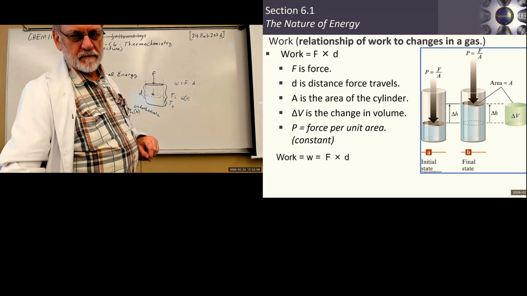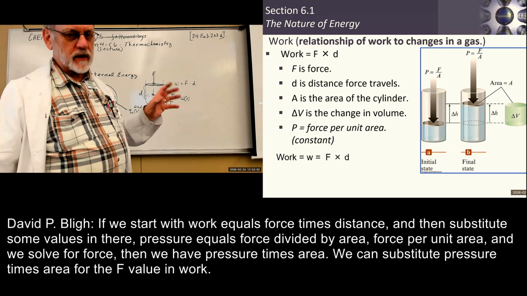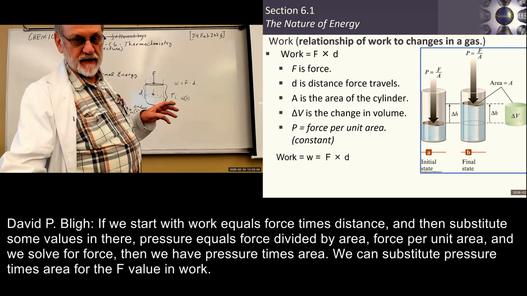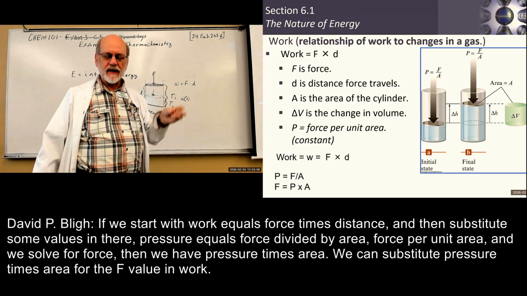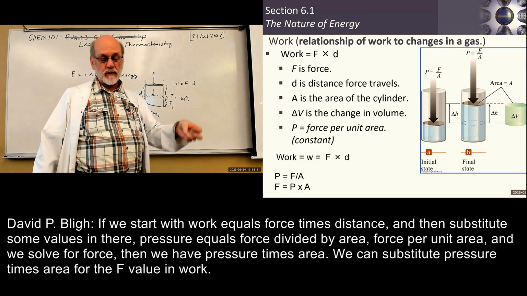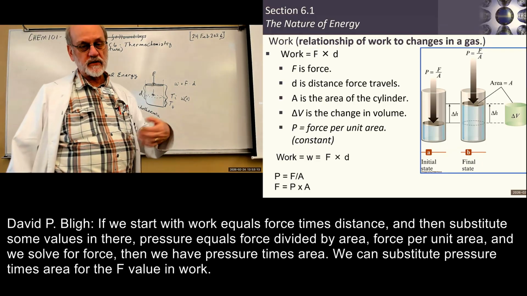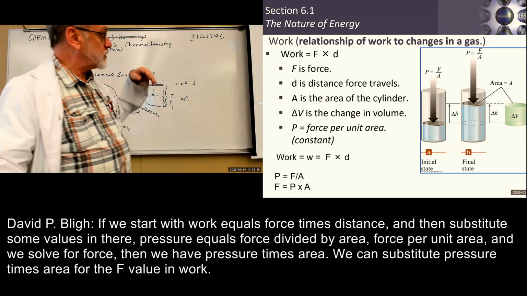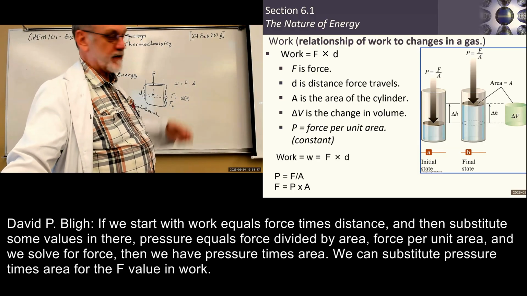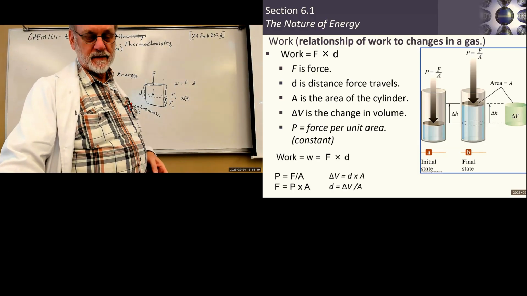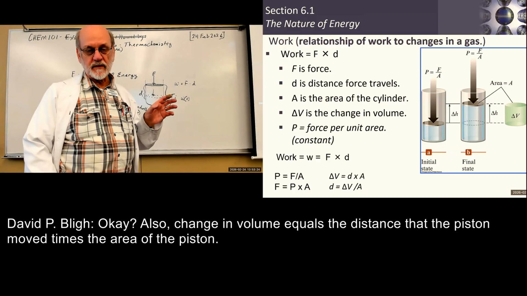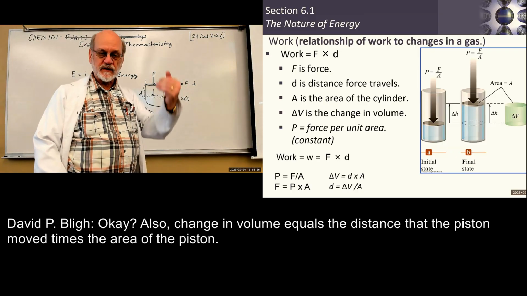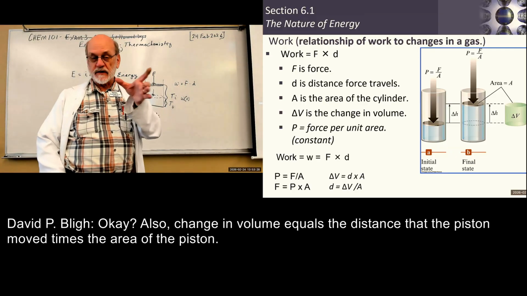Okay, so if we start with work equals force times distance, and then substitute some values in there, pressure equals force divided by area, force per unit area, and we solve for force, then we have pressure times area. We can substitute pressure times area for the F value in work. Also, change in volume equals the distance that the piston moved times the area of the piston.